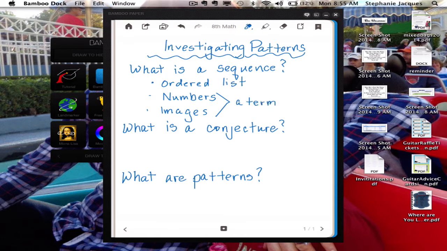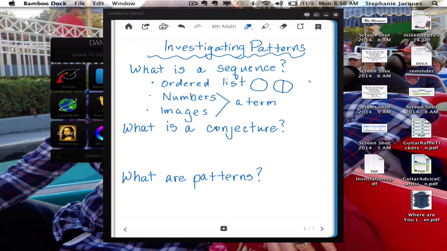So let's look at a type of pattern. I'm going to do an image one. The first term or image is going to be this circle. Then my next term is going to be a circle, but I'm going to put a line down the middle. So it looks a little different.